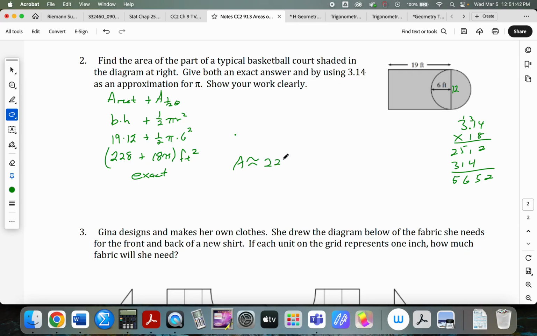So it'd be 228 plus 56.52, which would be 284.52 square feet. Okay, questions about that?